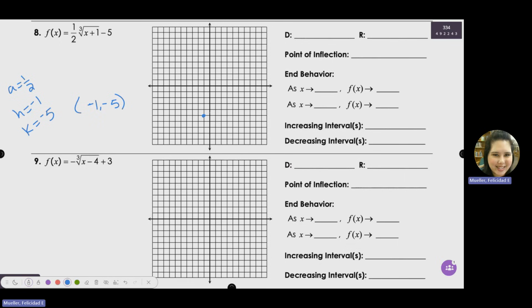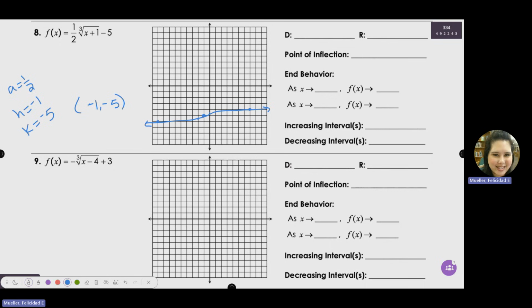So if I go over 8, 1, 2, 3, 4, 5, 6, 7, 8, I'm going to only go up 1 because I'm going to go half the rate. It's going to look about like that, just not scratchy.